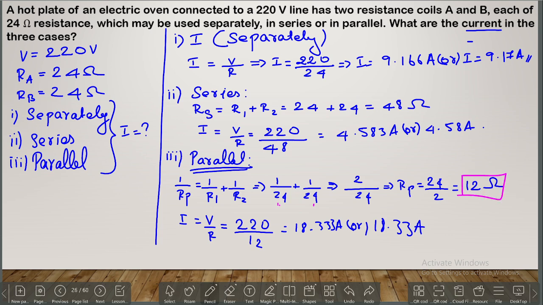That means when two resistors are connected in parallel and have the same magnitude, the net resistance will be half of that.